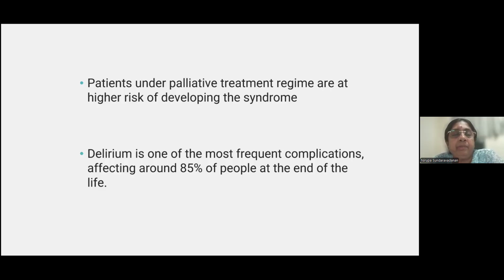When you think about it, patients in palliative care are not eating well, mostly not drinking well, more prone to dehydration, more prone to electrolyte disturbances, and also under huge emotional stress, and they're on a huge variety of medications. A lot of our palliative care medications, starting with opioids and others, can have delirium as a side effect. So there are lots of reasons why we can see this symptom in our patients.